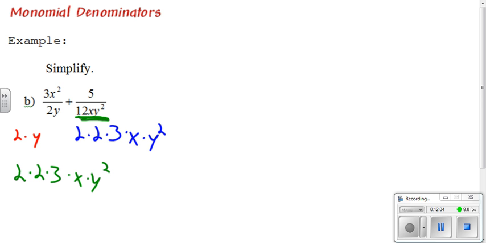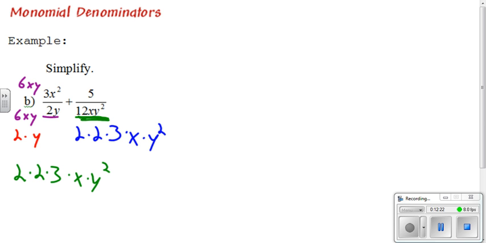So this piece doesn't need to change at all. We're only looking at the left rational expression over here. To get that one into our 12xy squared, we have to multiply by 6xy and 6xy to change everything.